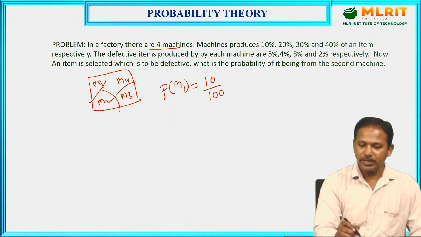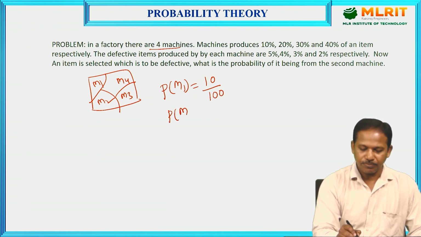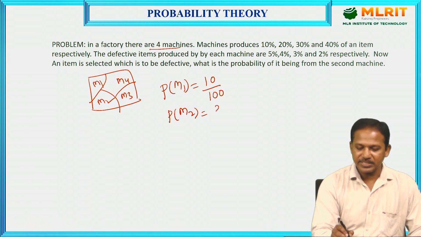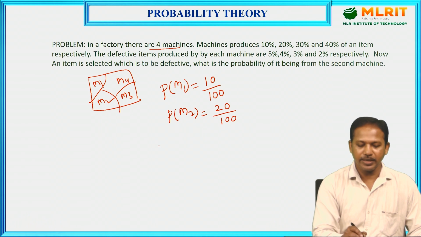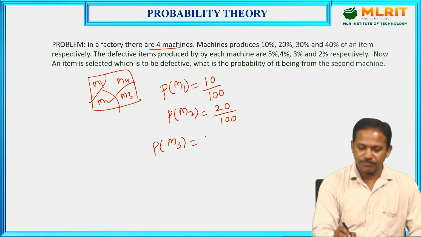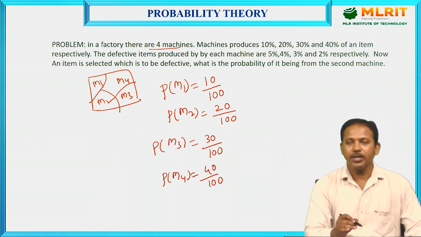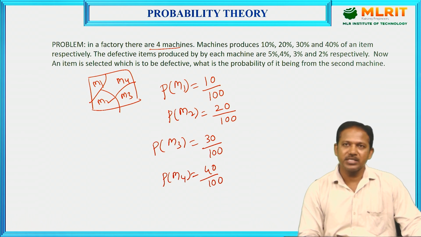Machine 2 produces 20% of items, that is probability of machine 2 is 20 by 100. Machine 3 produces 30% of items, 30 by 100. Machine 4 produces 40% of items. I know the individual probabilities of those machines.